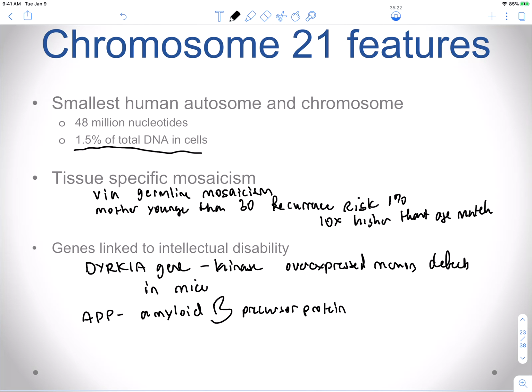And one of the reasons for this is because individuals who have partial trisomy in which the APP is excluded, so you don't get overexpression of APP, then these individuals do not get Alzheimer's.